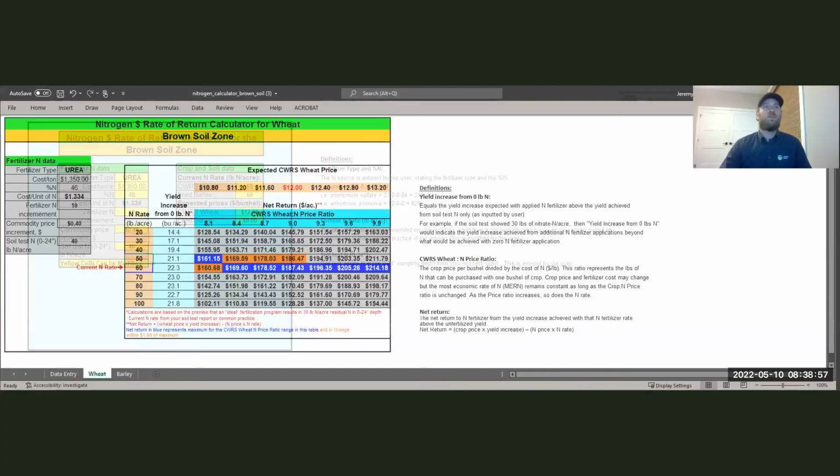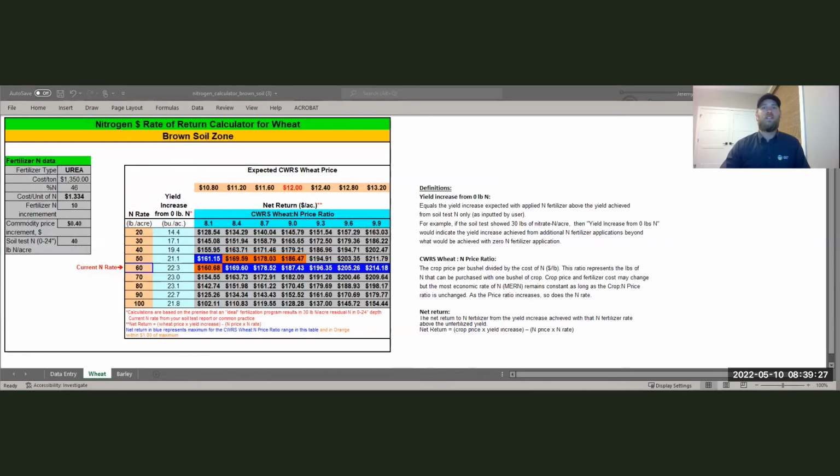So when we go back here, the row below this indicates the crop price to end price ratio. This essentially provides us the amount of nitrogen, the pounds of nitrogen we can purchase with a bushel of crop. The values within the table indicate the net return expected for the nitrogen purchased.